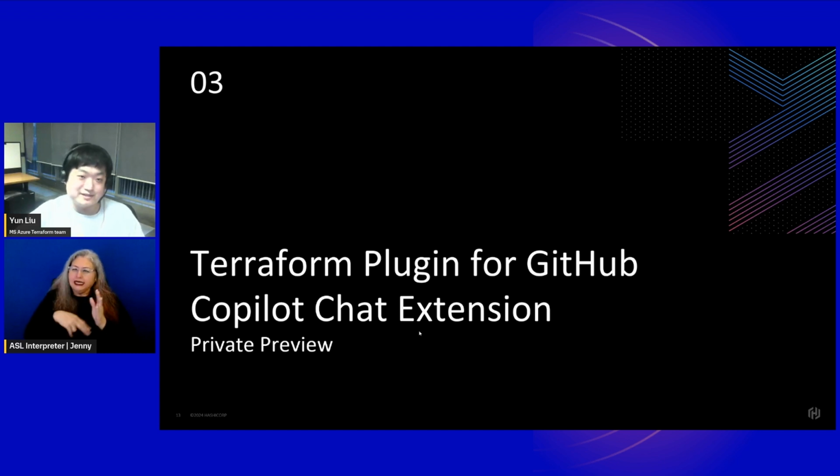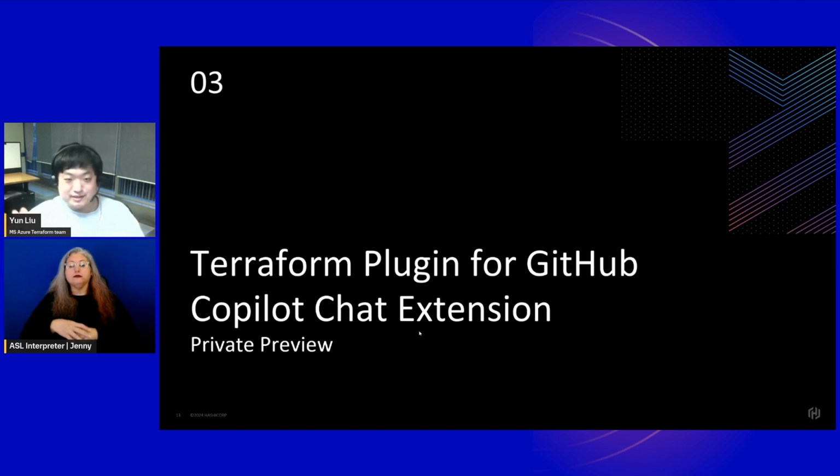So users have to paste it into VS Code like I did before. So we were wondering, if users are using VS Code natively, how can we bring this experience to VS Code? This brought the idea of the Terraform plugin for the GitHub Chat extension.